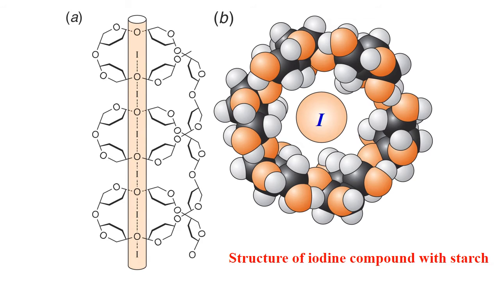So what kind of compound does iodine make with starch? Starch molecules, which are polysaccharides, make a spiral in which iodine can easily fit, and that's why the I2 molecule stretches and its color becomes brighter and changes from yellow to deep blue.